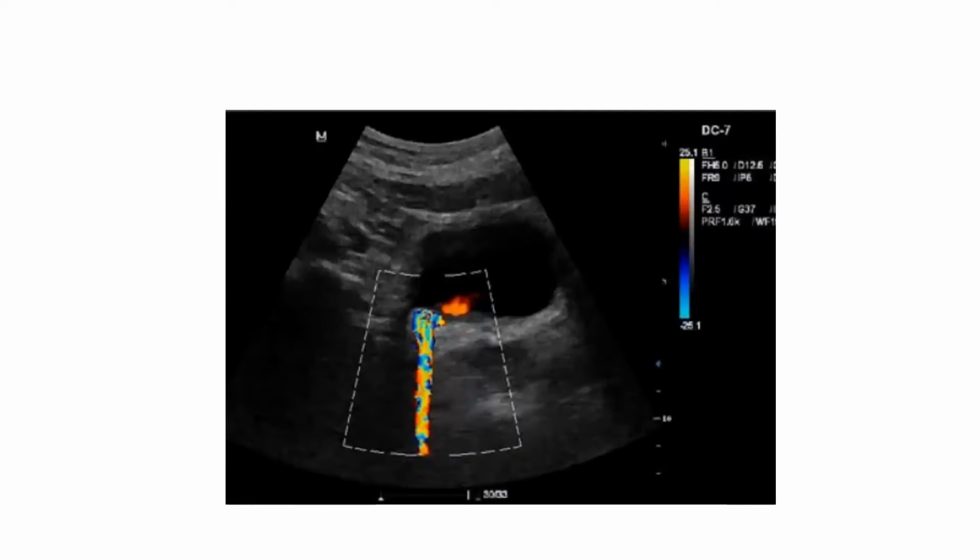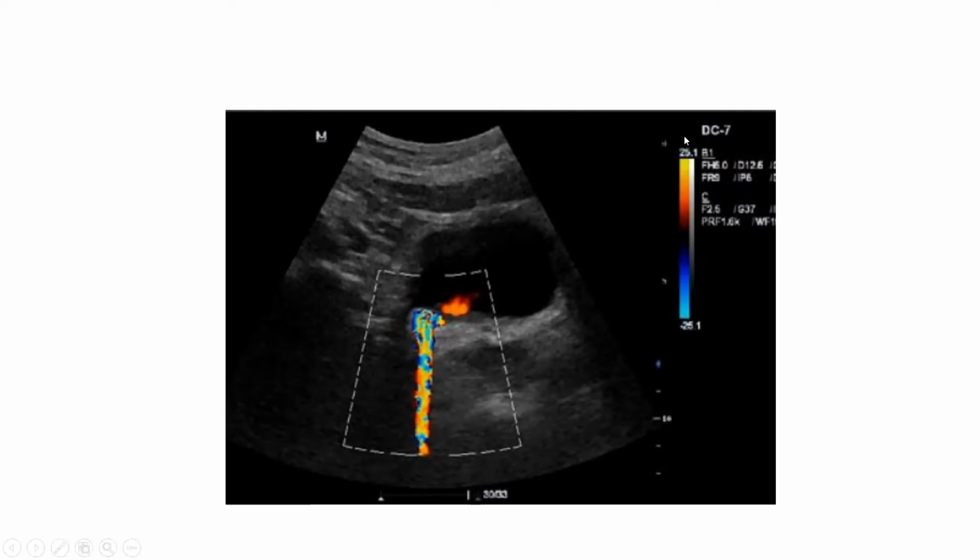Okay. This one is an easy one. This is twinkling artifact. Twinkling artifact is seen with color Doppler ultrasound, right? You can see it as a focus of alternating colors on Doppler signal behind a strong reflective object such as a calculus. It gives the appearance of turbulent blood flow.